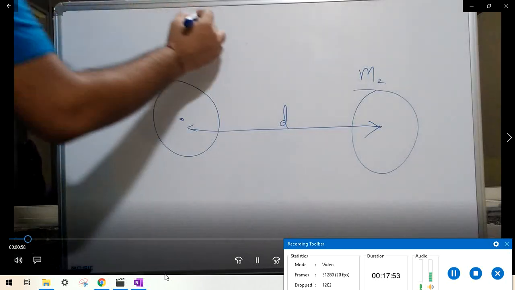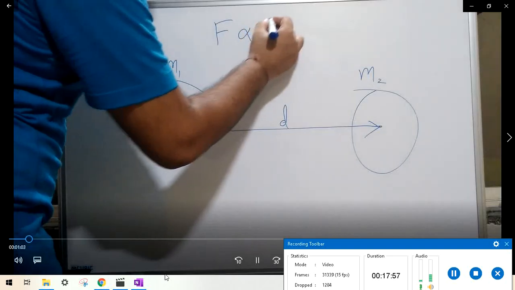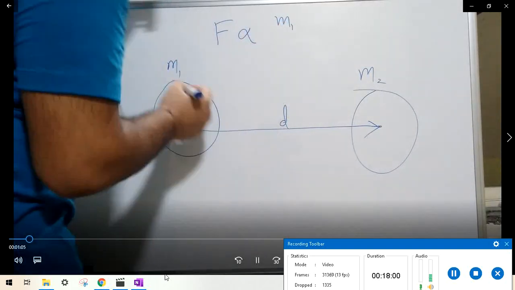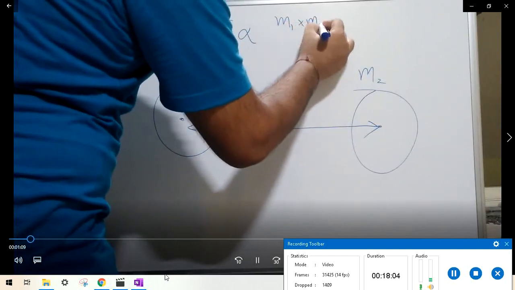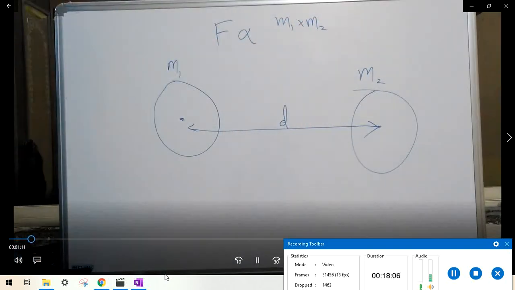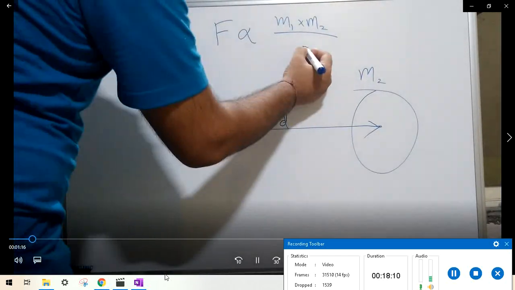What Newton discovered was that force is directly proportional to m1, the mass of the first object, times m2, the mass of the second object, divided by d square.